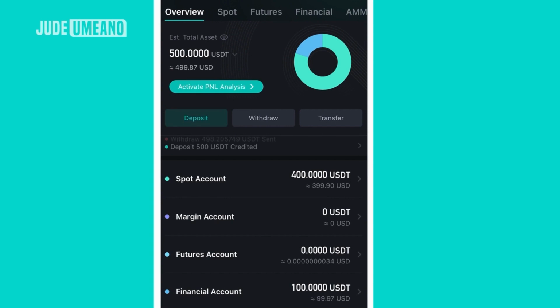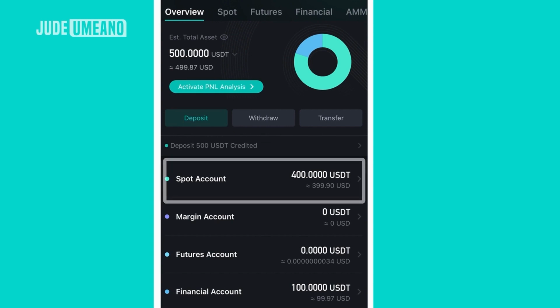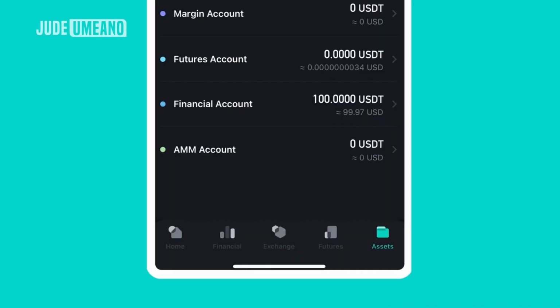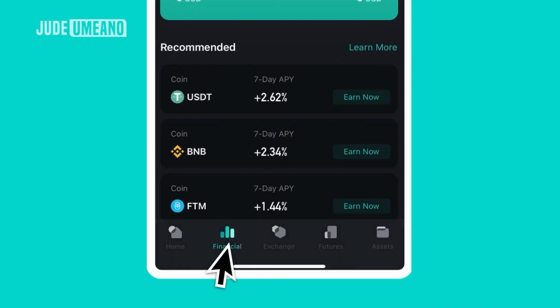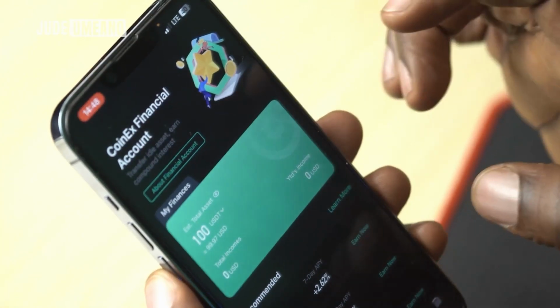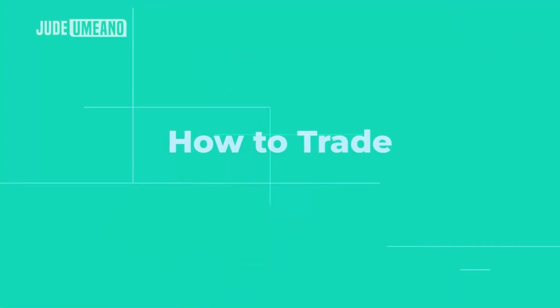If you go to my wallet overview, you have $400 in spot and $100 in financials. If I click on the financial in the menu and I have $100 there, I'm going to start immediately earning this 2.62 APY because my money is in the financial wallet.